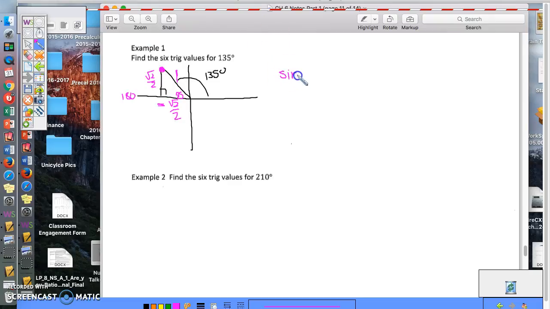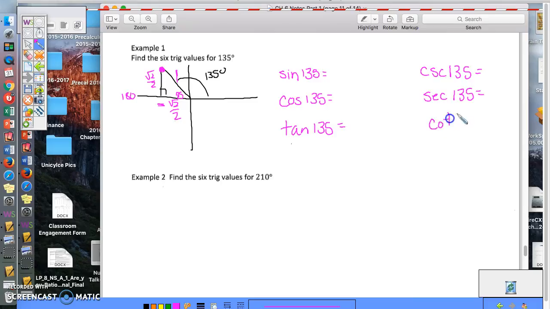So our 6 trig values: the sine of 135, cosine of 135, tangent of 135, and then the cosecant of 135, the secant of 135, and the cotangent of 135. Sine, opposite over hypotenuse, root 2 over 2 over 1, so we'd have root 2 over 2.